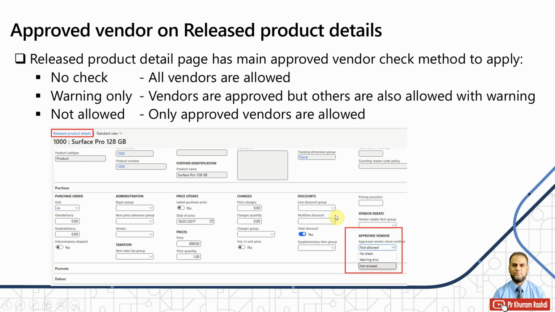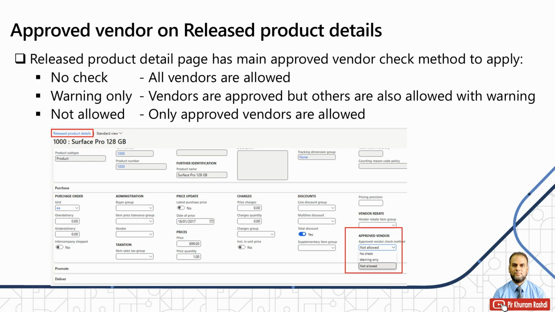So what are these 3 options available and what do they do? First is clearly no check, which means all vendors are allowed. Second is warning only. Warning means vendors are approved, but others are also allowed with a warning. The warning will show whenever you create lines in those business documents, which I showed you in the previous slide. It will show the warning, but it will allow you to create that line.